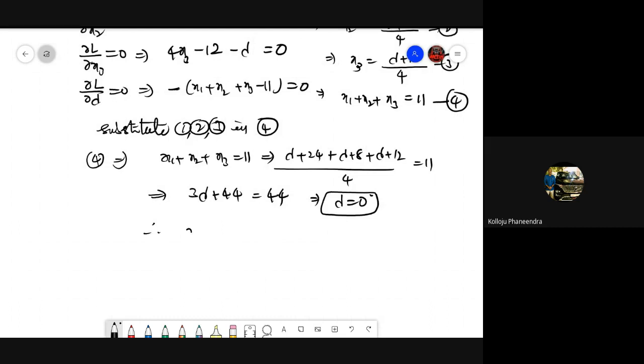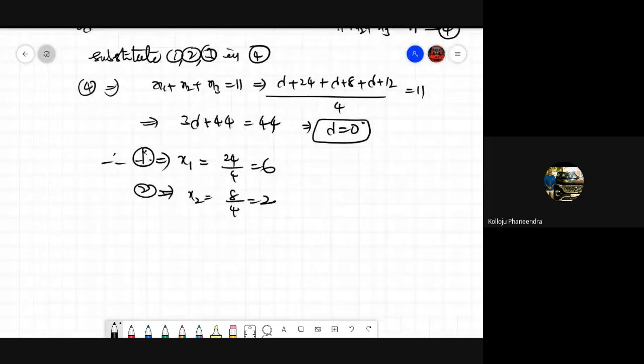Therefore, what is x1? x1 is (lambda plus 24) by 4. Therefore, from equation 1, lambda value 0 means 24 by 4, that is 6. From equation 2, x2 equal to (lambda plus 8) by 4, so 8 by 4, that is 2.